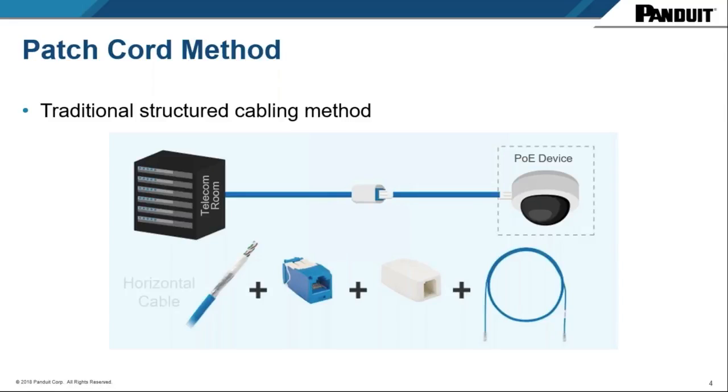So in the patch cord method, we've got, of course, the components after we exit the telecom room. We've got horizontal cable, which is solid cable used for the permanent link. We would have a modular jack. We would have some type of housing for the jack. And finally, we would have a patch cord. One end of that patch cord would plug into the modular jack. That's the end of the permanent link. And then the other end would plug into the PoE device. So this is the traditional method, and well understood, I'm sure, by everybody on the call.